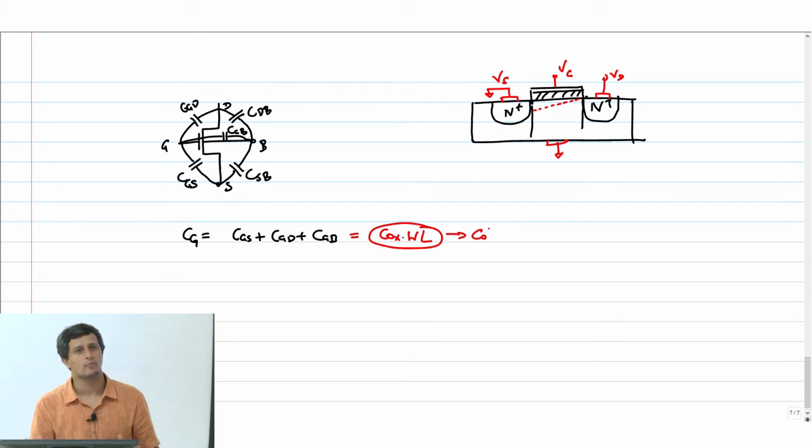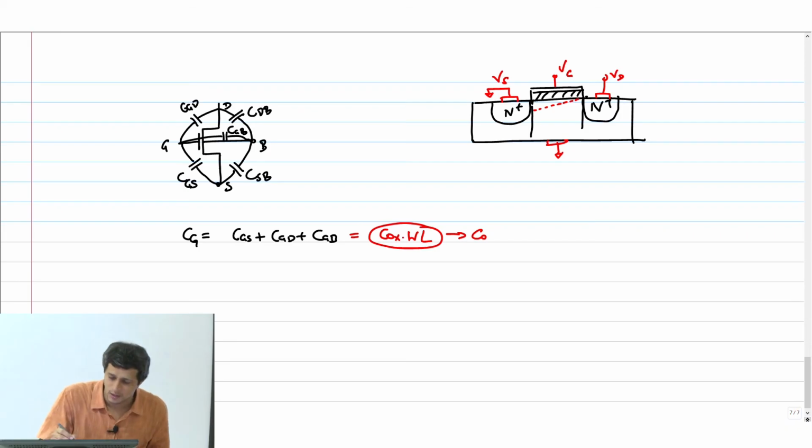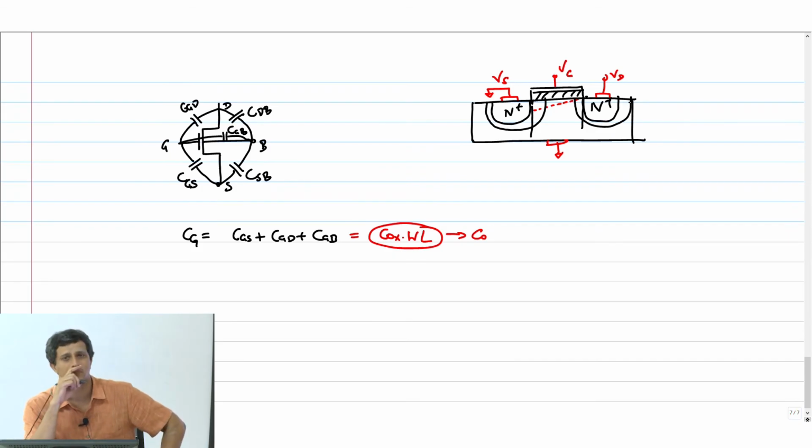Now what do you do after manufacturing it? You form your diffusions, implant N plus, then you have to anneal this device. When you anneal this device, these regions will expand thermally like this. This is not depletion region I am talking about.